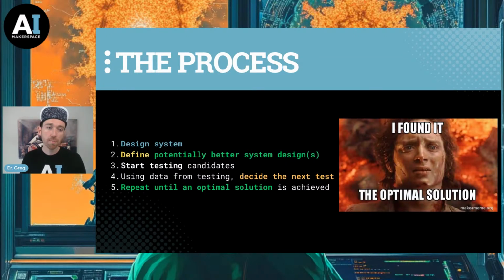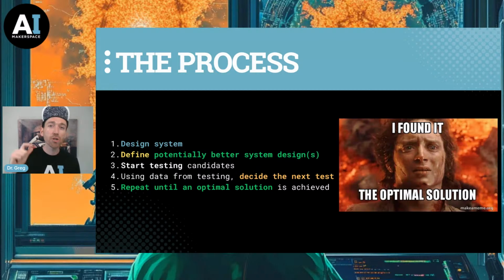It's quite simple. Once we design a system, this means actually the whole thing, right? It means the black box itself. It means the way we put stuff in, the way we get stuff out. What we want to do is take that system and define potentially better systems. Once we have the potentially better systems, we want to start testing them. And with each test, we want to learn something.